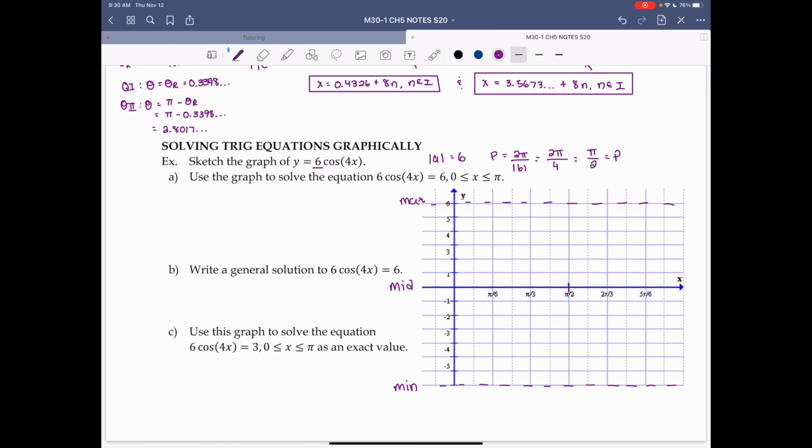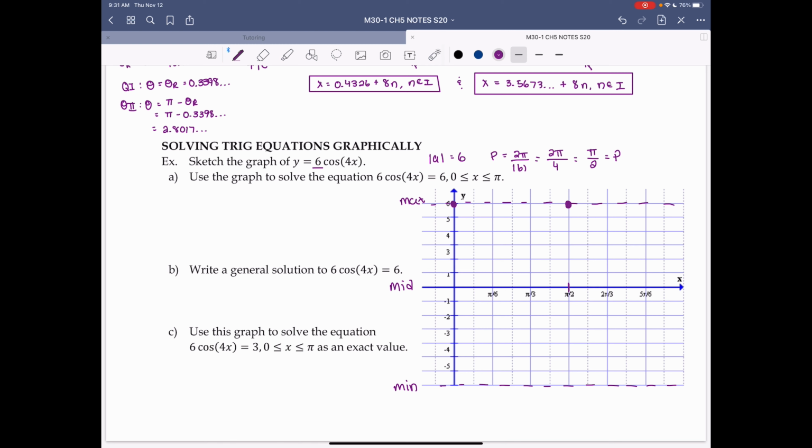This is a cos function with no horizontal or vertical shift. Cos functions start with a maximum at the y-intercept. So our maximum of 6 will be on the y-intercept. And then when we complete a full cycle, which is at pi over 2, we'll get back to another maximum at y equals 6.